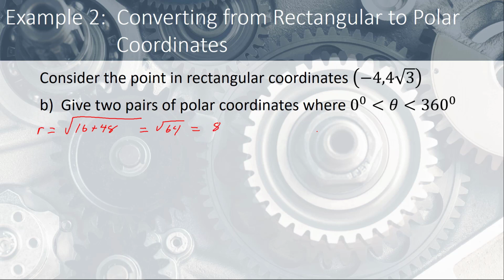Now to figure out the potential values for theta, first thing we need to do is compute the arctangent of y over x. And y is 4 times the square root of 3. X is negative 4. This is going to be the arctangent of negative root 3, and that will be negative 60 degrees.